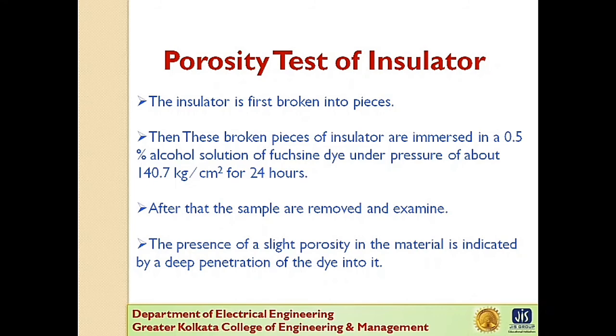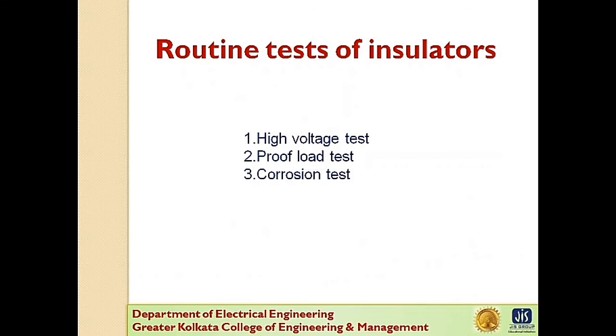After that, the pieces are removed and examined for the penetration of the dye into it. The presence of porosity in the material is indicated by a deep penetration of the dye into it. So this test indicates the degree of porosity.